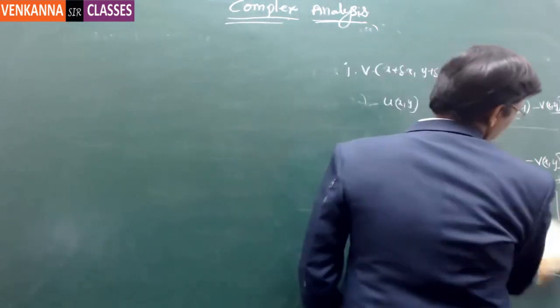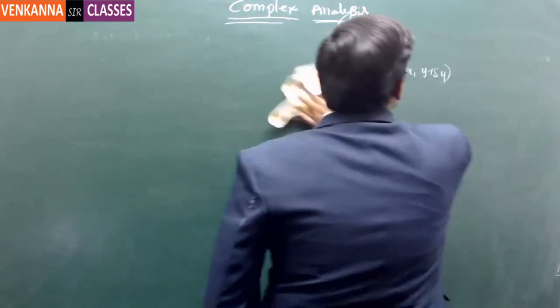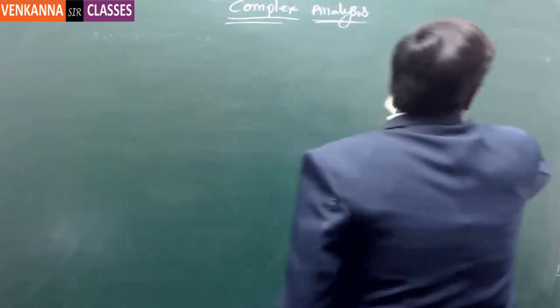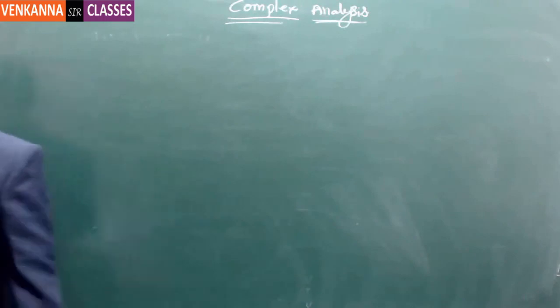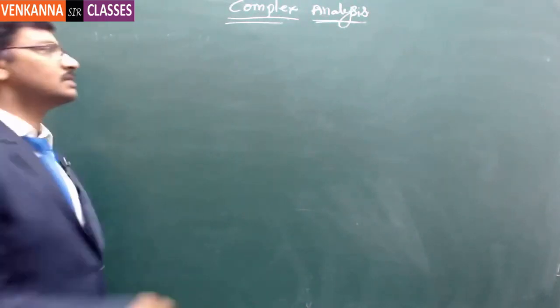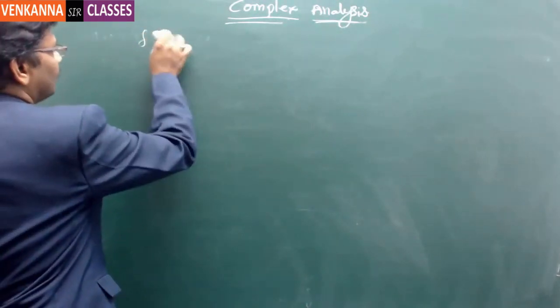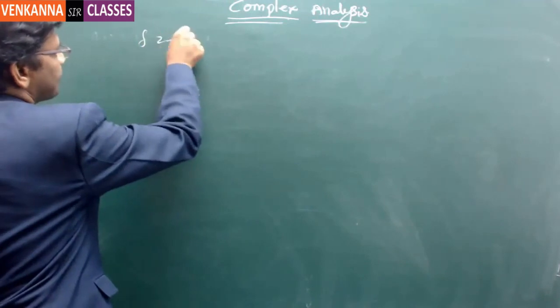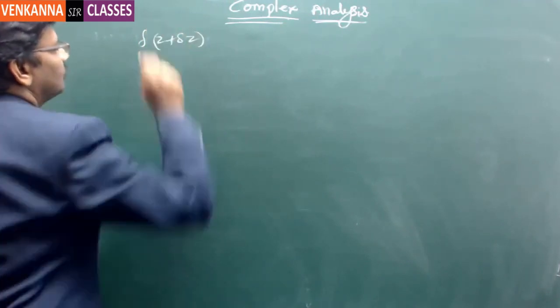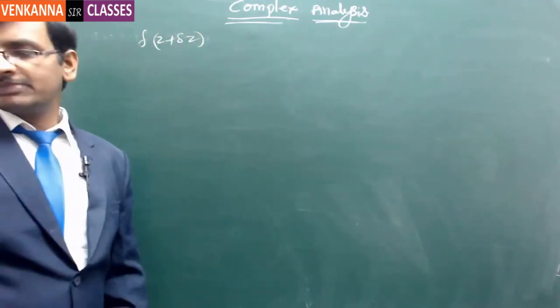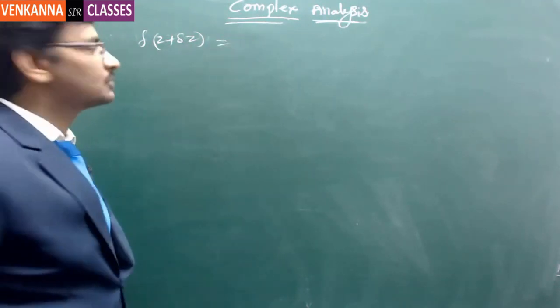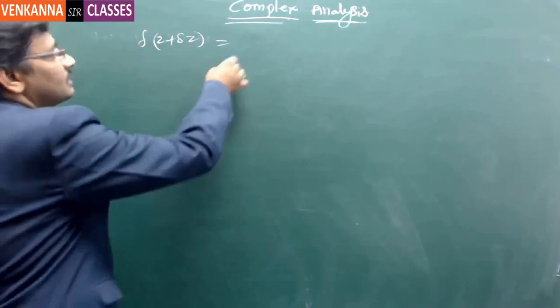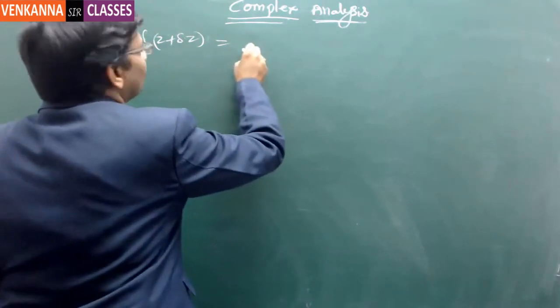The sufficient condition is nothing but the derivative value. So sufficiency means the derivative should be able to be calculated. That is, if I take f of z plus delta z, this value you can express with the help of Taylor's expansion. So this is u plus iv, right?